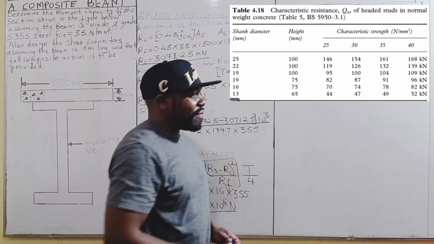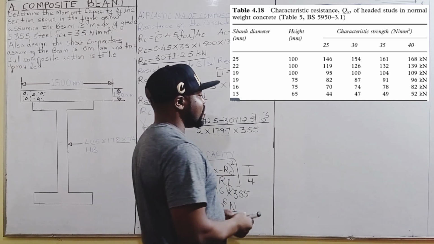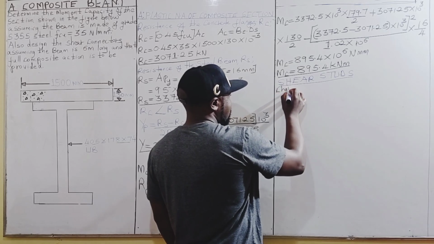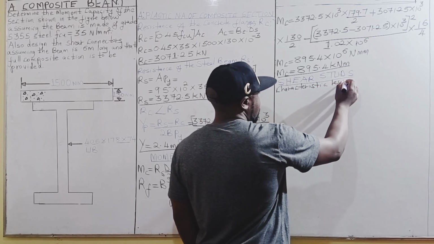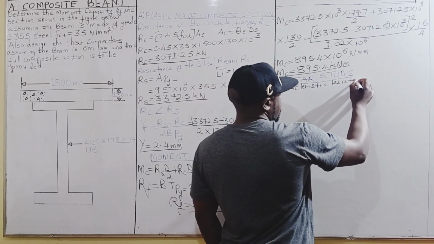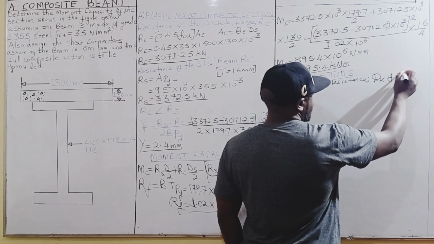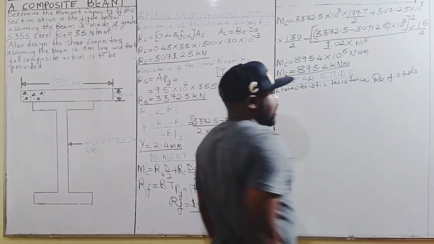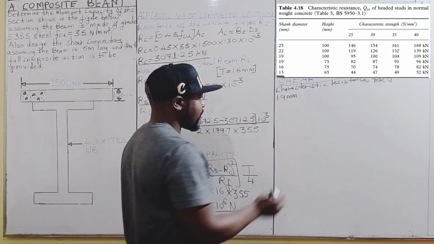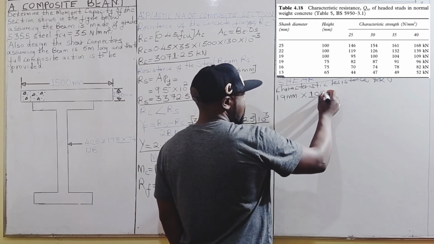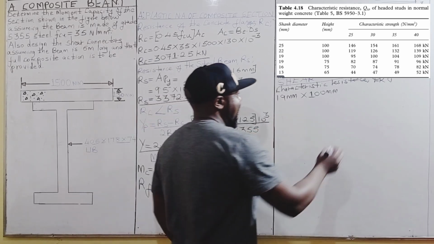Shear studs. And from table 4.18, the characteristic resistance, which is usually denoted by QK, that is QK of studs having 19 millimeters shank diameter by 100 millimeters height.